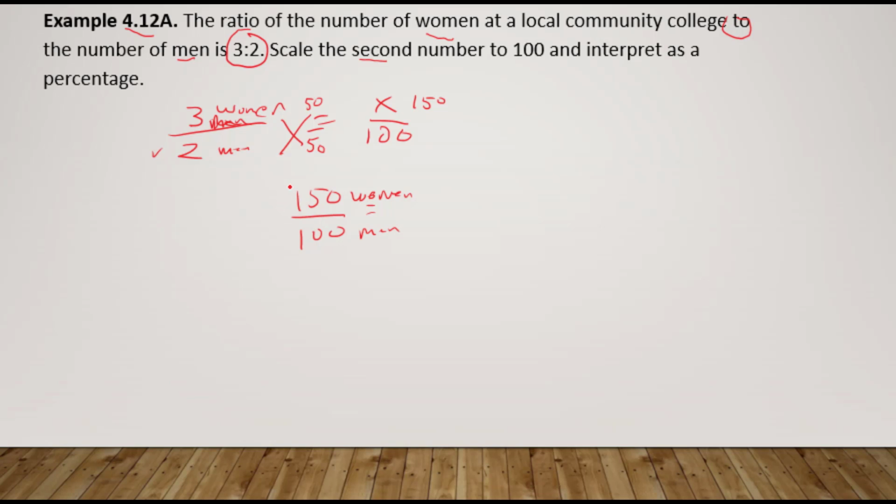That's the same ratio as this, with the bottom number scaled to 100. Now it says interpret it as a percentage. Well, the only thing I can say is the number of women is 150% the number of men.